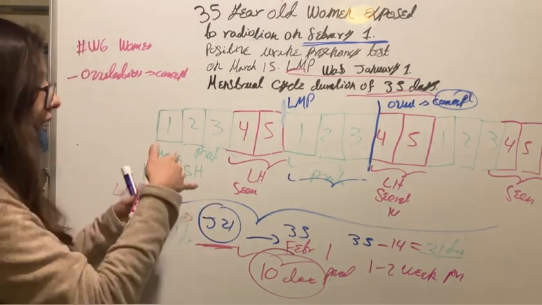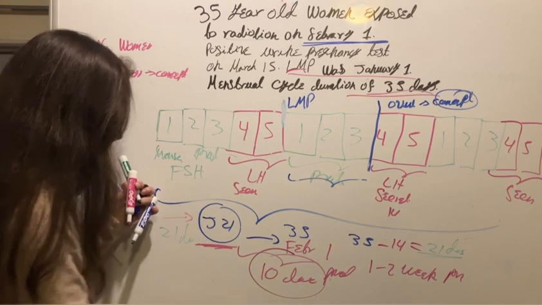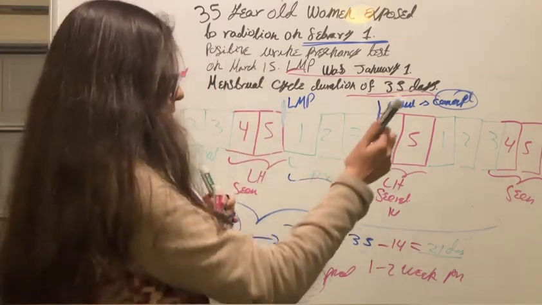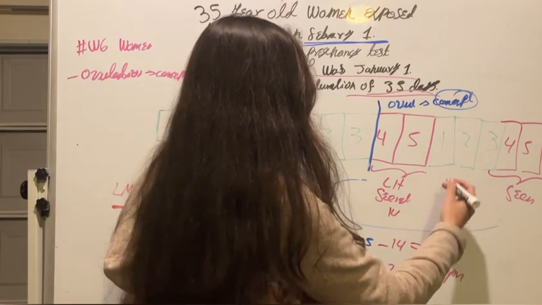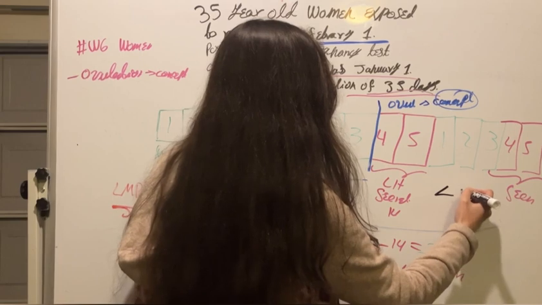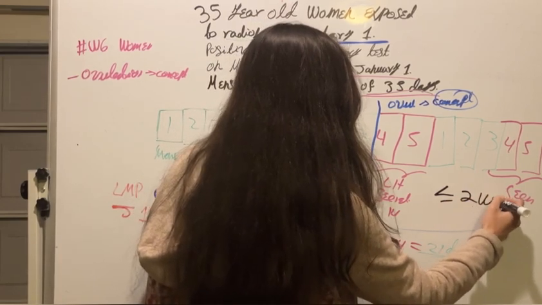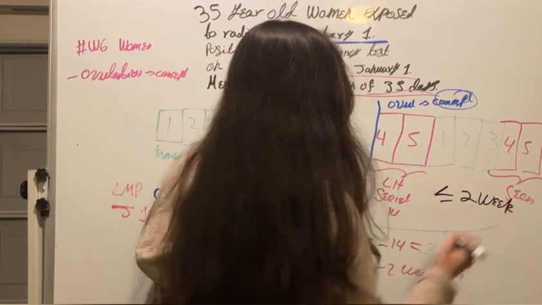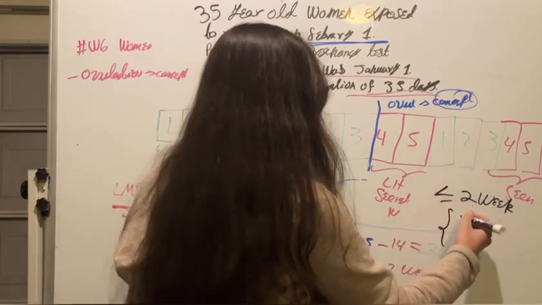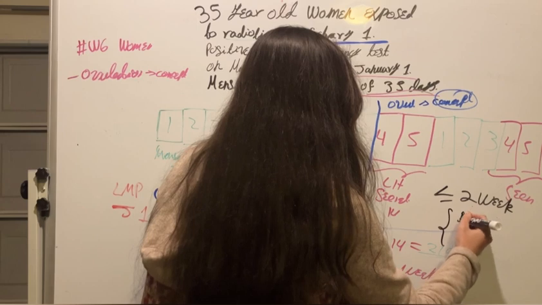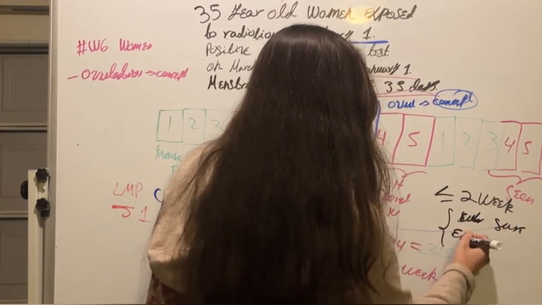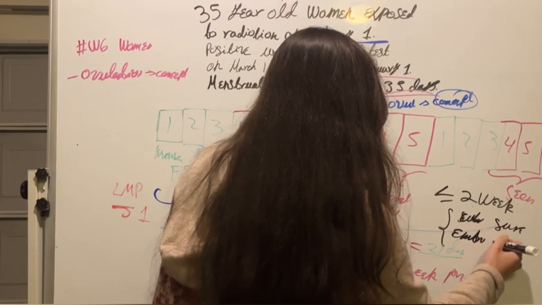When we are talking about teratogens, if a pregnant woman is exposed to teratogens before or equal to when she's 2 weeks pregnant, here either the embryo will survive or the embryo will die.